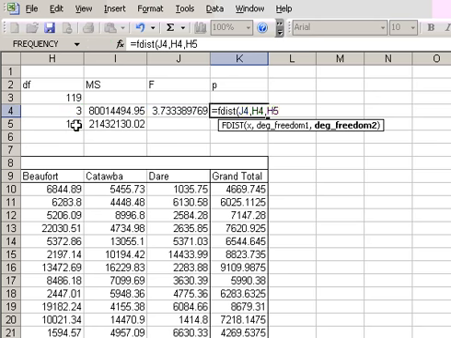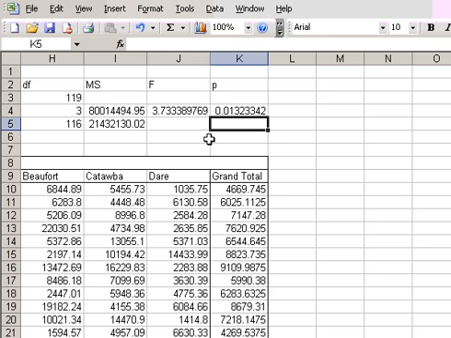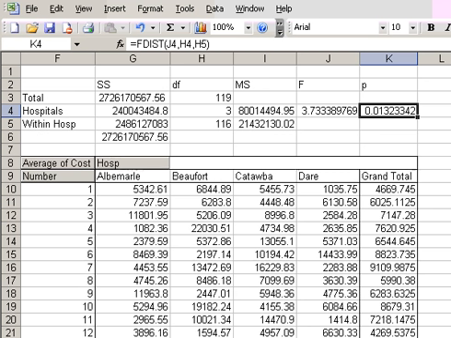And when I hit enter, I see that the probability is 0.013.